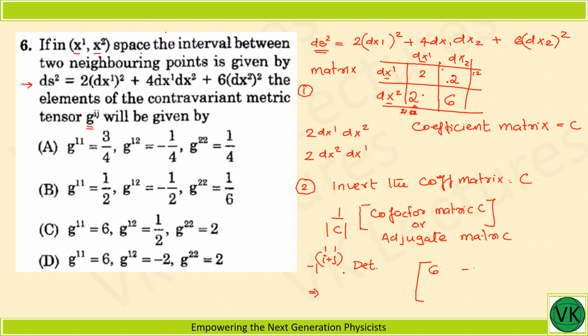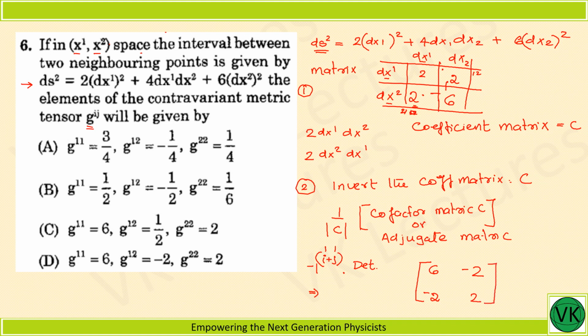For the third one, 2 1, this column and this row go and 2 remains again with a minus sign because it is odd. For the last one, 2 2, 2 remains with a positive sign because 2 plus 2 is 4. So this is the cofactor matrix.